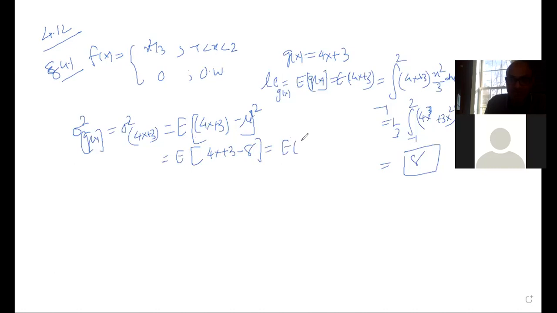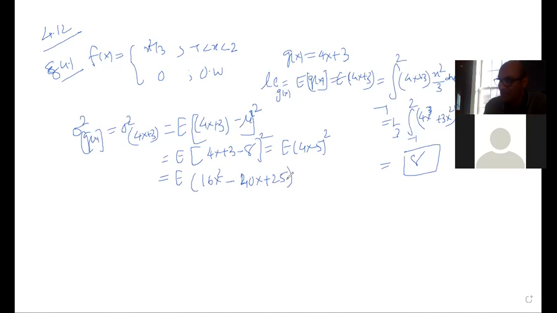So that is equal to expected value of (4x minus 5) square. That is equal to expected value of 16x square minus 40x plus 25.